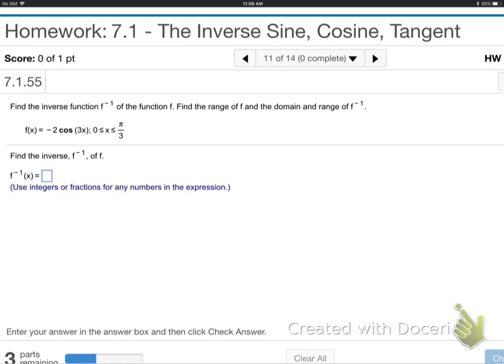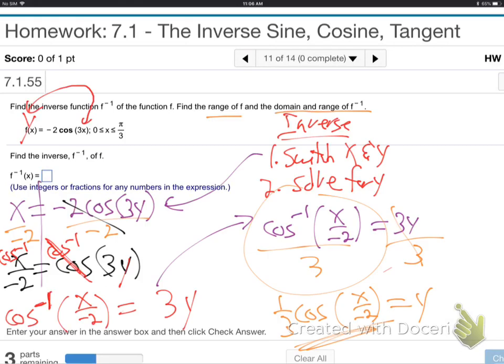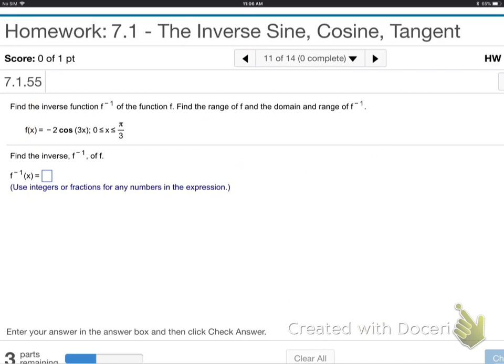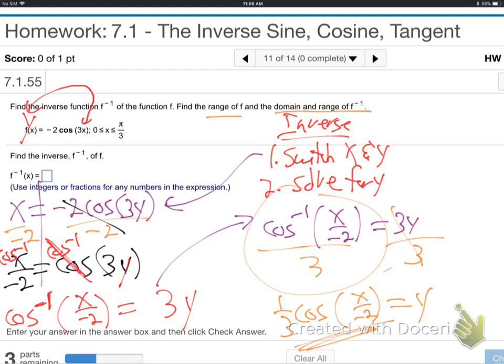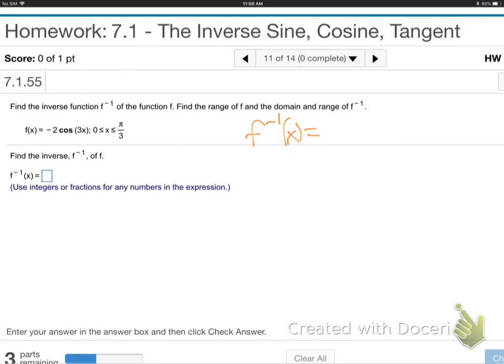The inverse function then is 1/3 cosine inverse of x over -2. So there's the inverse function, and here's the original function.